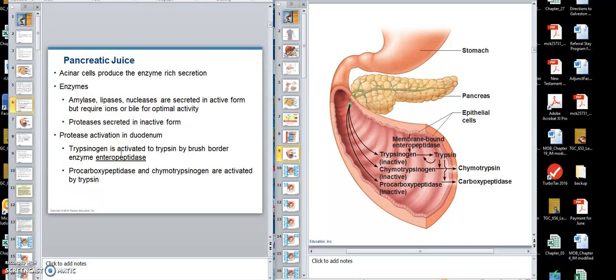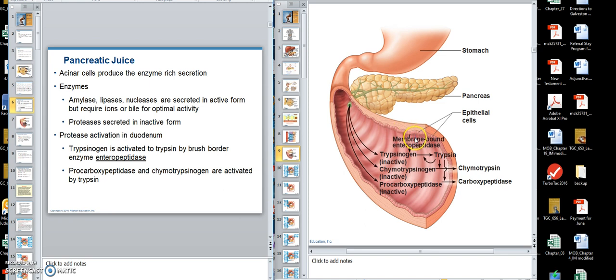Trypsinogen is secreted from the pancreas. That's trypsinogen, and it's inactive. The epithelial cells, brush border, inside the intestine, let's say here's the duodenum, secrete enteropeptidase. It's bound to the membrane of these epithelial cells.